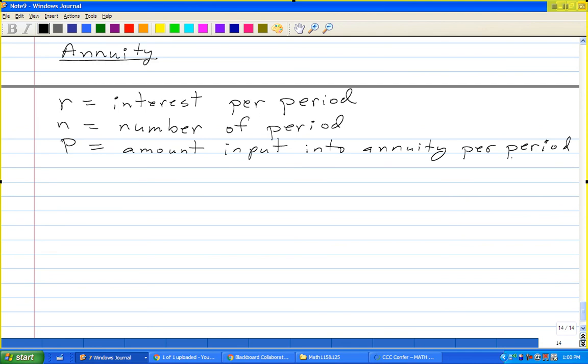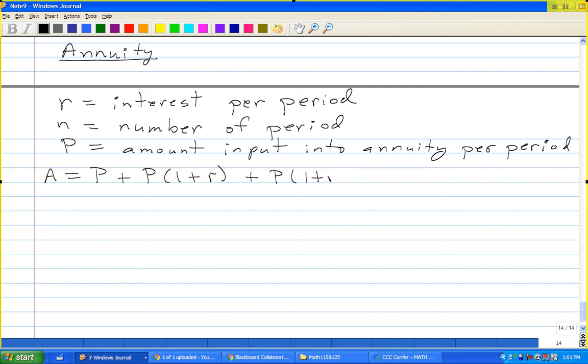So that says that this month you put in P dollars. Last month you put in P dollars, but you got some fixed interest. So let's say that this is a fixed annuity. So I'm talking about a fixed annuity here. And so the previous month, you put in P dollars.